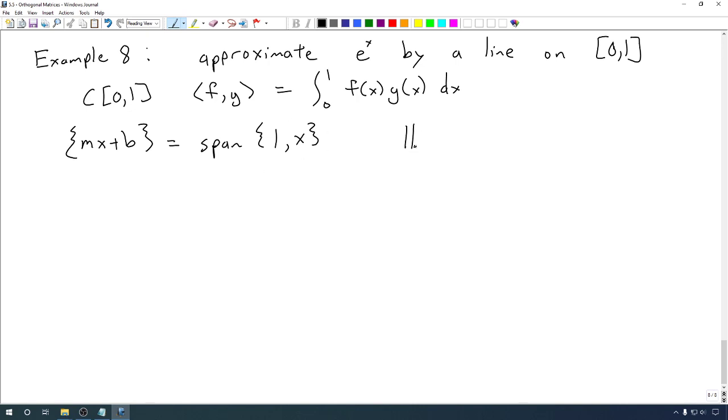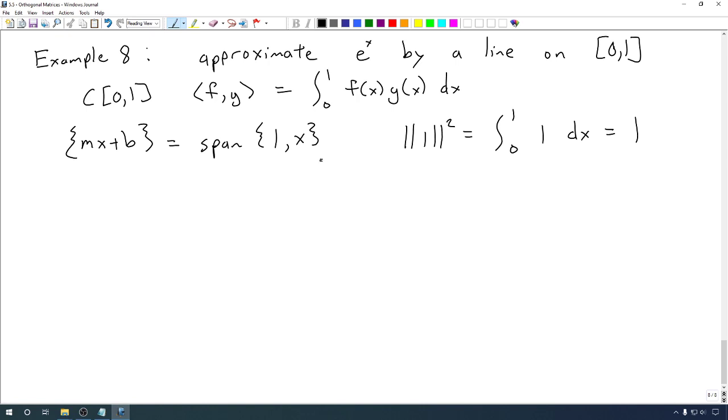We do have that the norm of 1, if we write this out, we have the integral from 0 to 1 of 1 times 1, and that just turns out to be 1. 1 is a unit vector. But x is not a unit vector, and it's not orthogonal to 1. So let's focus first on getting an orthonormal basis.